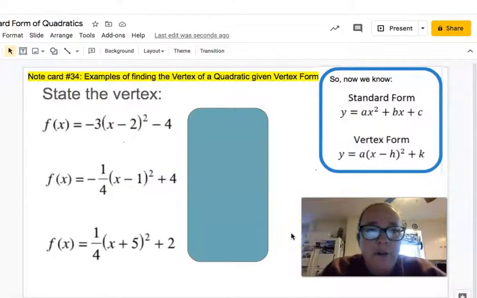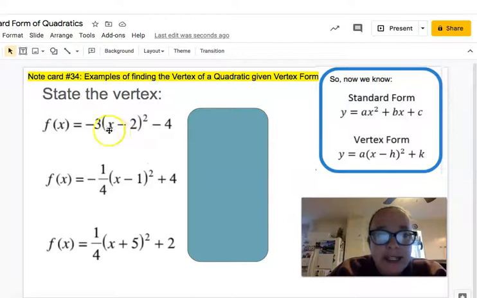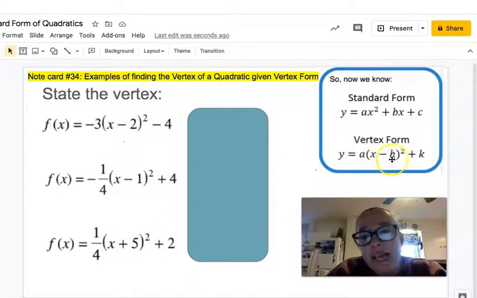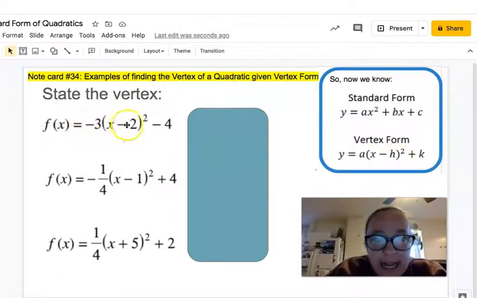All right, note card 34 is examples of finding the vertex if you are given the vertex form. So all of these, as you can see, are in vertex form. The y equals a times x minus h squared plus k. So like right here, a is negative 3. H, this is where it can get tricky. This already has a negative in it.